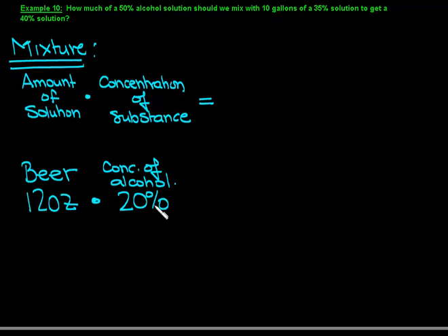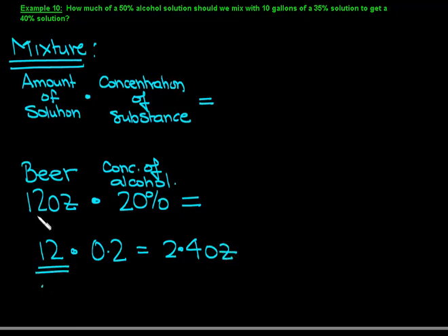Okay, so if I were to multiply these two, what do you think it'll give us? What do you think the number will represent? Okay, so I have a 12-ounce can of beer, so I have 12, and if you multiply that by 0.2, if you change that to a decimal, you'll end up with 2.4 ounces. So what is this the amount of?